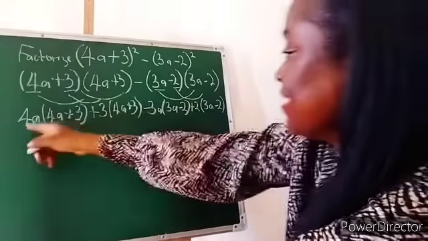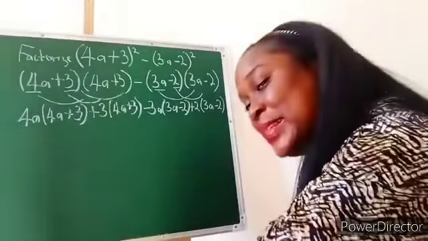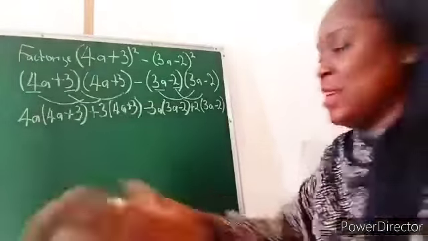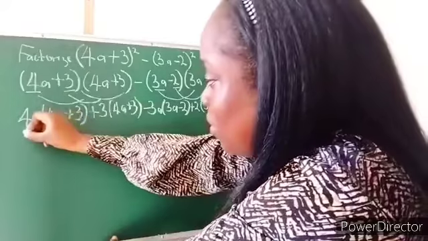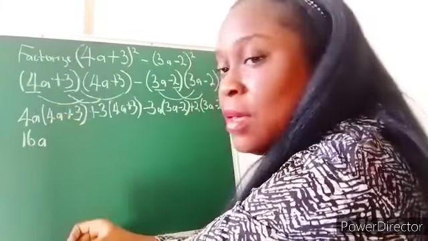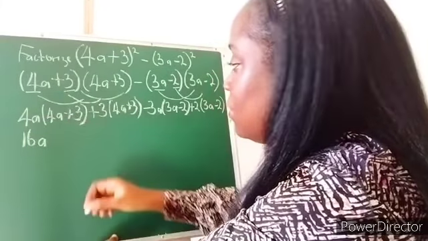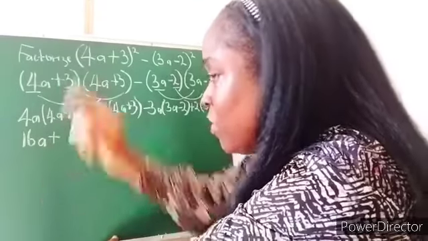Okay, so now make we expand am. Make we open everything, scatter the matter everywhere. No hide, make we no hide anything. 4a times 4a go give us wetin? 16a. I think 4a times 3, we go put plus here o. This plus we never divorce the plus o.